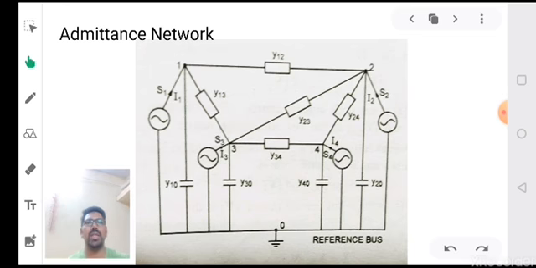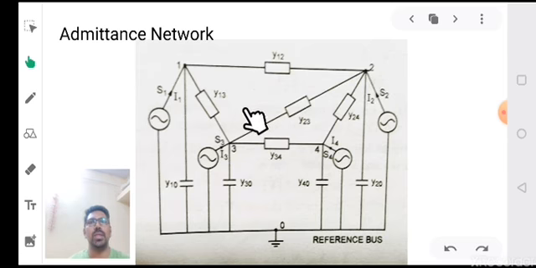What is admittance? Admittance is nothing but the reciprocal of impedance. To draw the admittance network, first you have to show all the nodes, that is node 1, node 2, node 3 and node 4. These are the 4 nodes, that is 4 buses, and we have to show all the admittances related with bus 1, bus 2, bus 3 and bus 4.